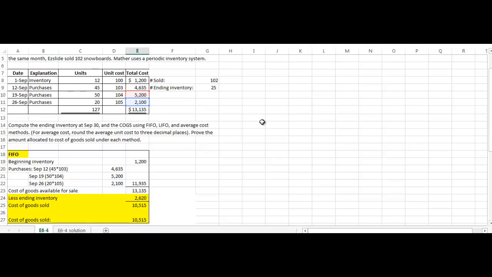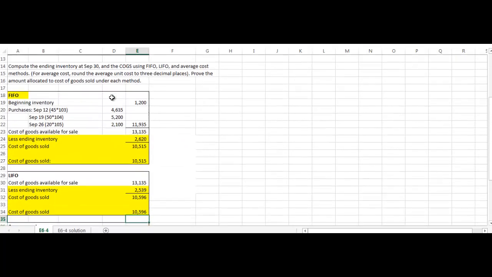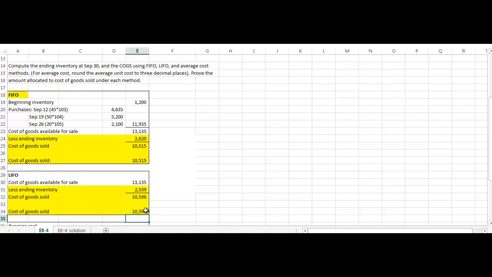Remember, we're working our way up to that 102 sold. And in order to get to that point, we need 32 more snowboards. So we're going to multiply 32 times the next last purchase price, which was 103, and that will give us a total of $10,596. Same as what we just calculated for cost of goods sold. Another one done. It's proven.